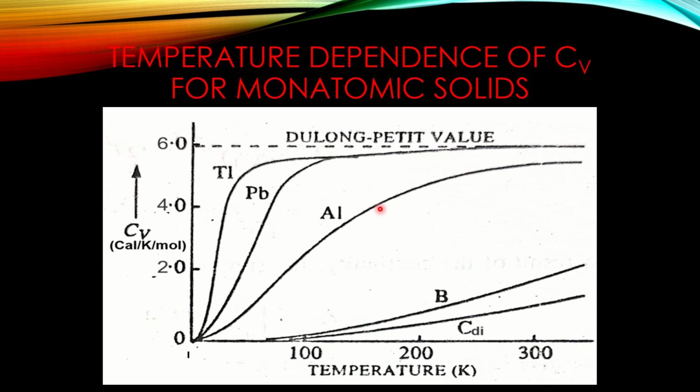But at lower temperatures this law fails, that is, the value is very much lower than 5.9. And in the case of non-metals such as diamond, whatever the temperature, lower or higher, it does not show good agreement with the experimental result 5.9.